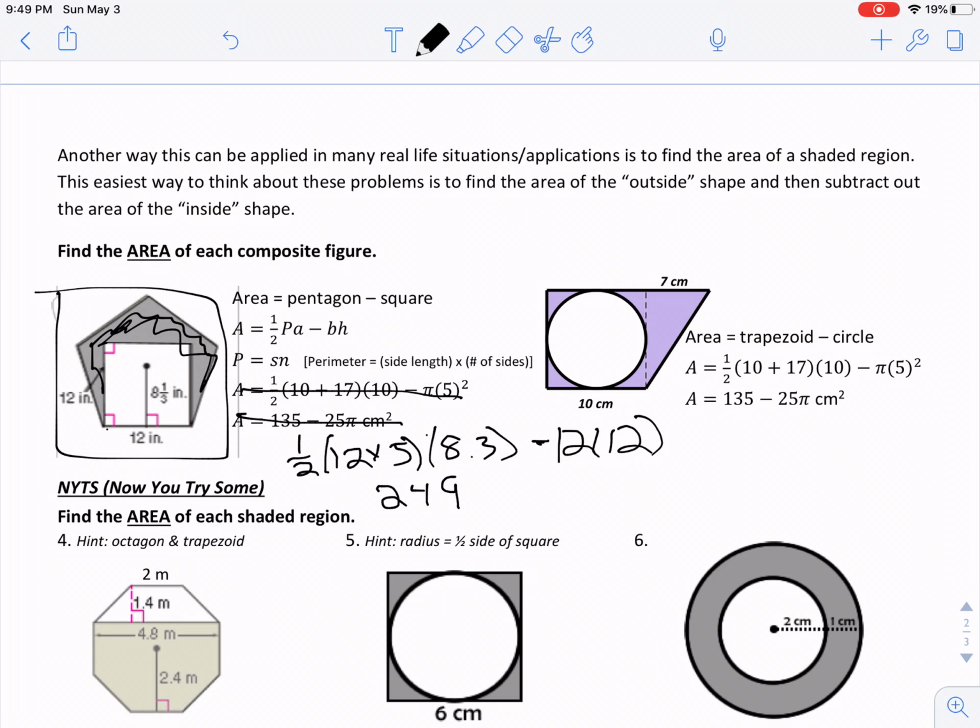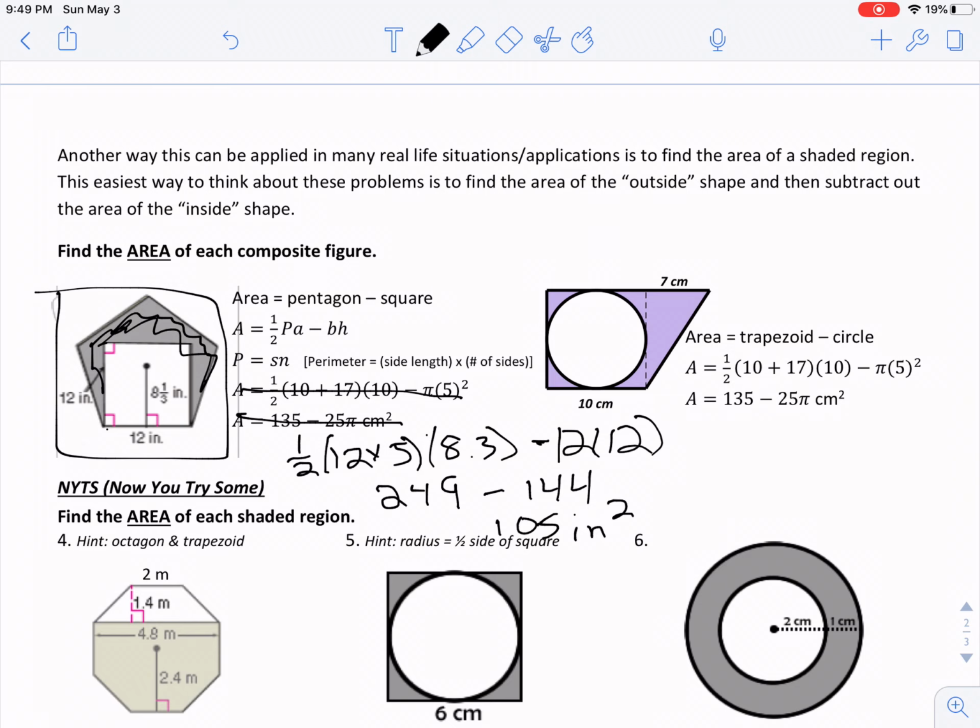All right. So that does come out to be 249. Minus 12 times 12, that's minus 144, right? Which comes out to be 105. Units are in inches, so inches squared. All right, so just take the area of that whole pentagon and then subtract out the square.